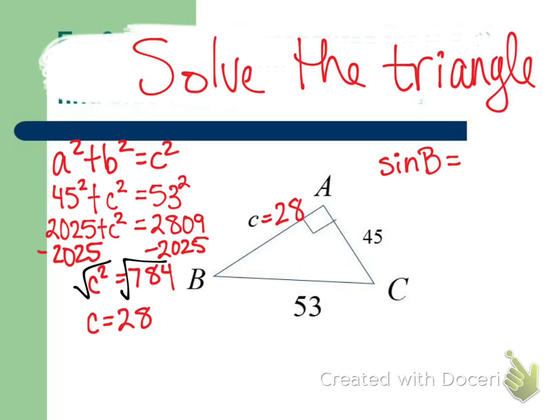Opposite and hypotenuse. What side is opposite angle B? 45. The hypotenuse is 53. If we are looking for an angle, what do we have to use? The inverse trig function. B is equal to inverse sine 45 over 53.